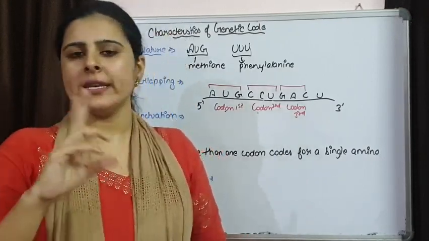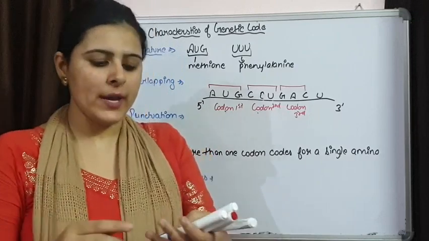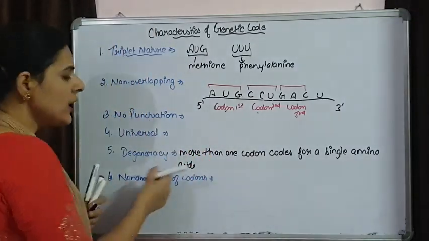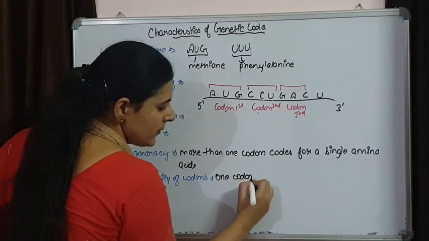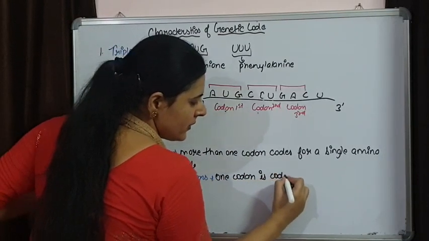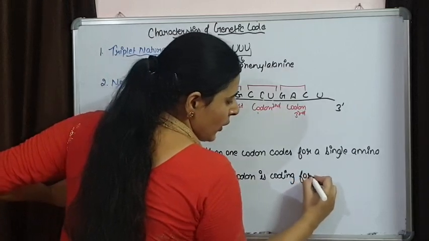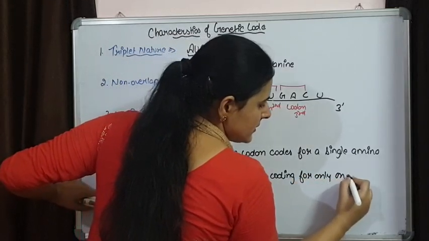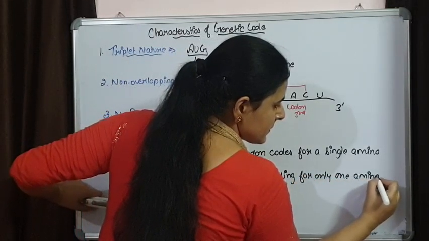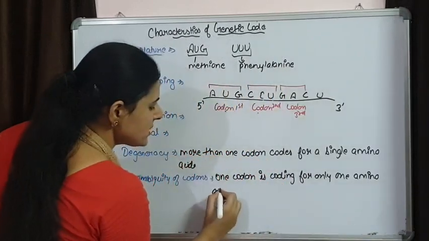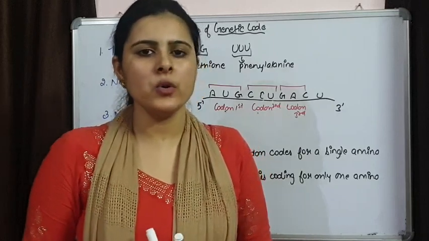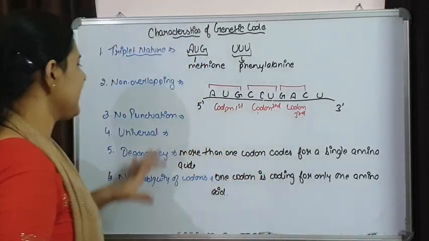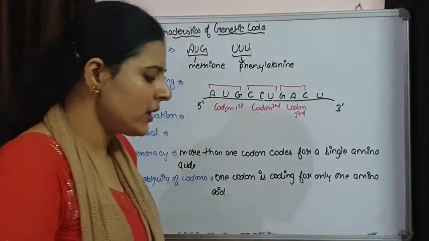One codon will never go and code for 2 amino acids. So this is showing non-ambiguity. It simply means one codon is coding for only one amino acid. In any situation, this codon is not going to code for any other amino acid. That is another characteristic of genetic code.